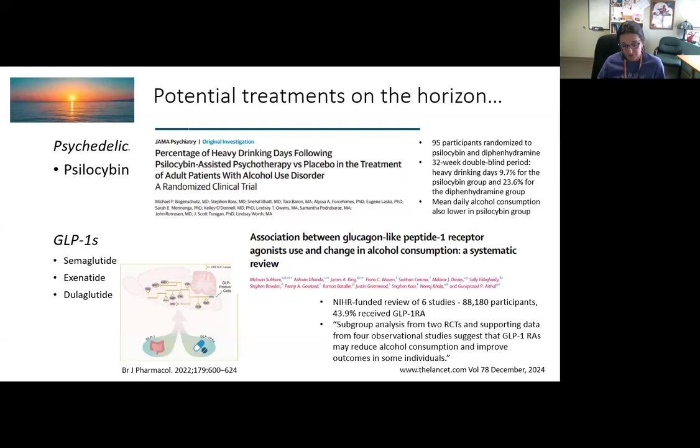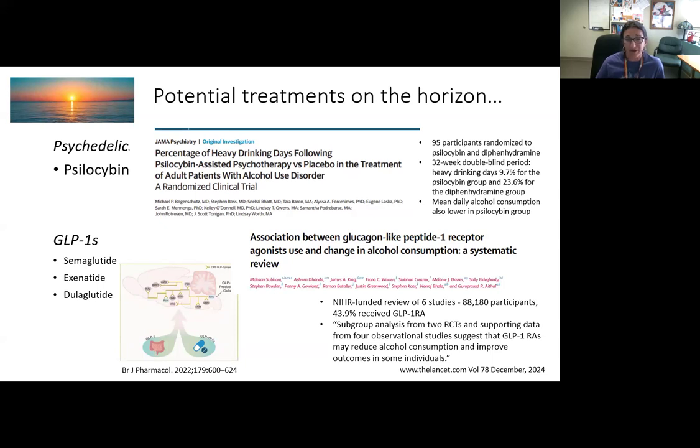There's a lot of these receptors throughout the mesolimbic reward pathway, and so that's also been seen. They're being studied also for other substances, some evidence for cocaine and nicotine use disorders. I listed 3: semaglutide, exenatide, dulaglutide, that have been mentioned in some studies.